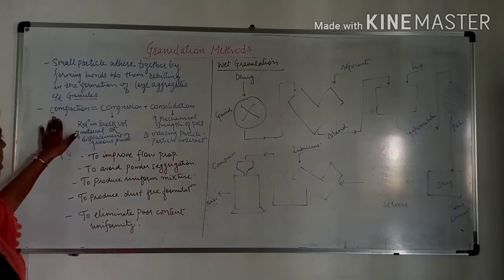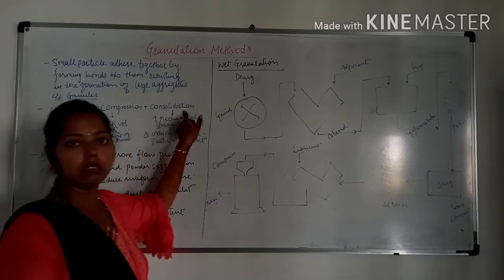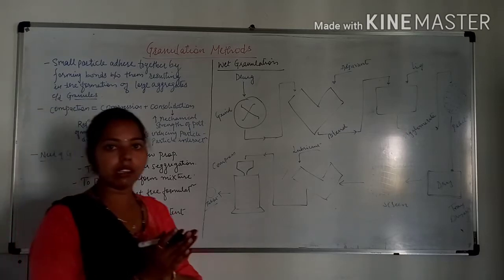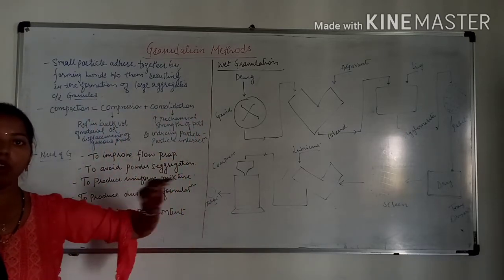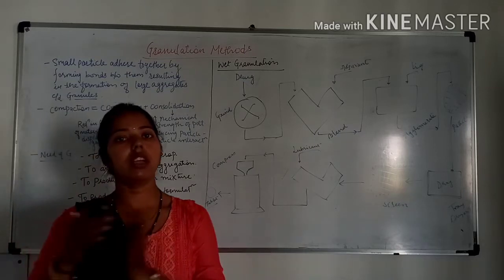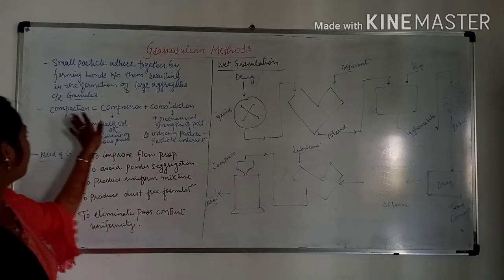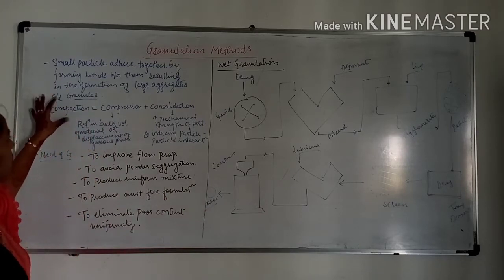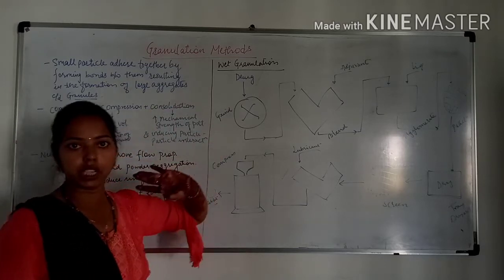In compaction there are two things: first is compression and second is consolidation. When we make a compact mass, we try to decrease the bulk volume of the content and convert it into a compact mass. So compaction is a process which is a combination of compression and consolidation.